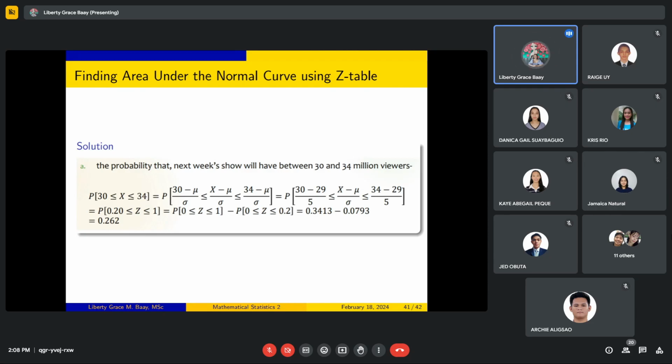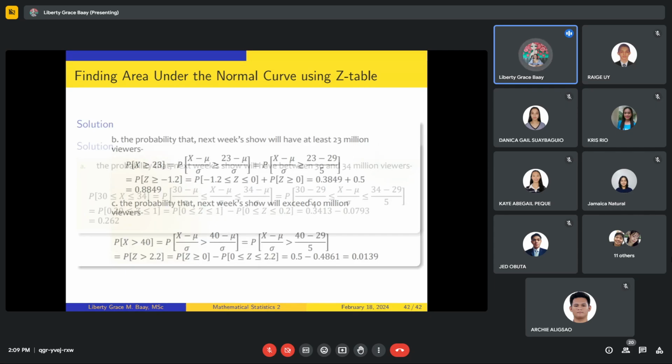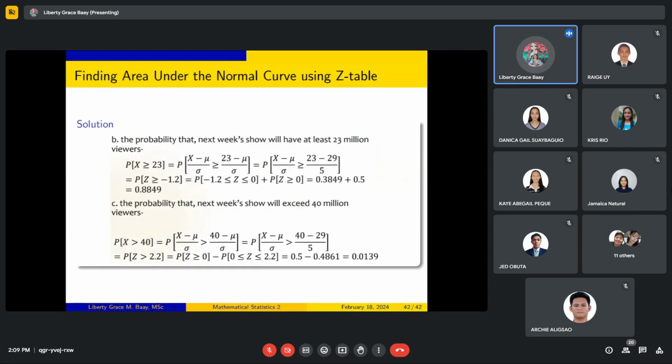Okay? Then the probability that the next show will have at least, meaning greater than or equal to 23 million. So this is the formula, we equate it into z.